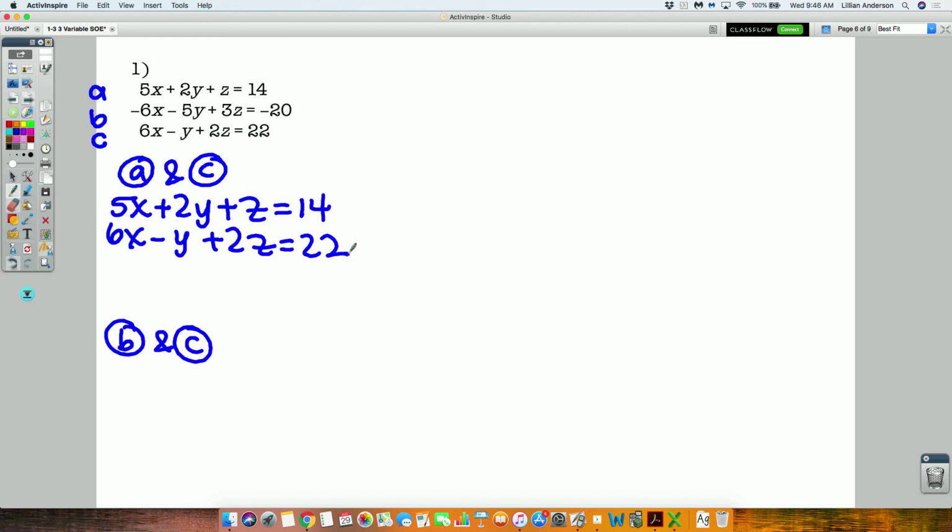So how do I eliminate y? Multiply the bottom by 2. So we're trying to eliminate y, and since this is a negative 1, multiply by 2, then I'll be able to eliminate there.